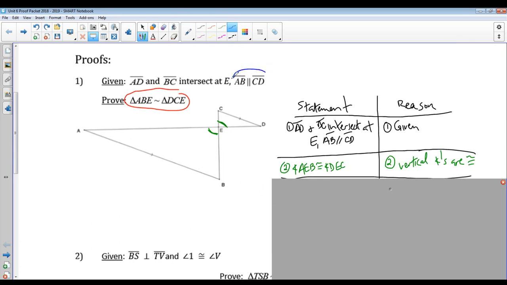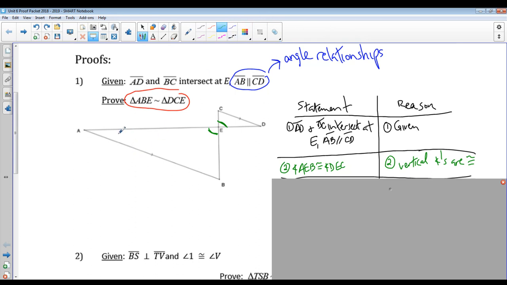The other thing that we've spent a lot of time this year looking at is our parallel lines. Anytime in a proof that you see parallel lines, or if you're trying to even prove parallel lines, we'll get to that more later on, we always want to look at those angle relationships that we know: alternate interior, alternate exterior, or corresponding.